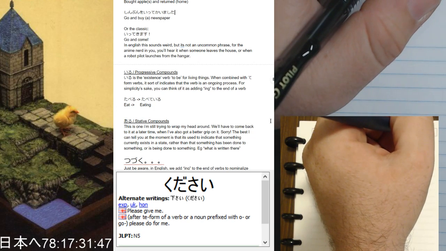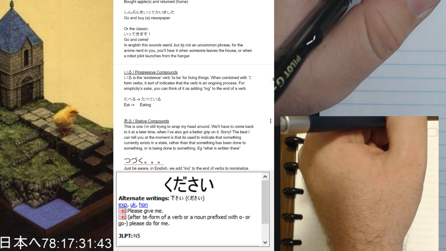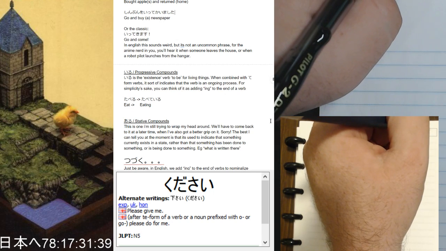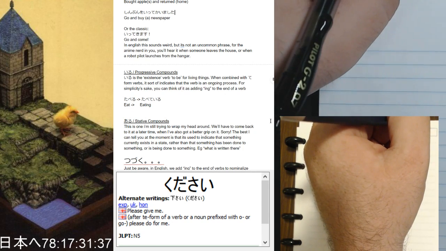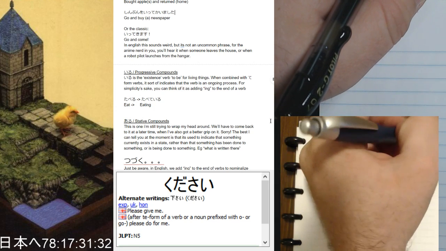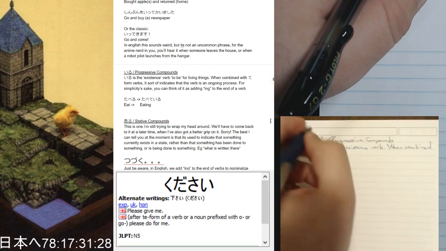Taberu, tabete iru. You don't combine it. Tabete iru. Tabeteru. You kind of draw out the te iru.